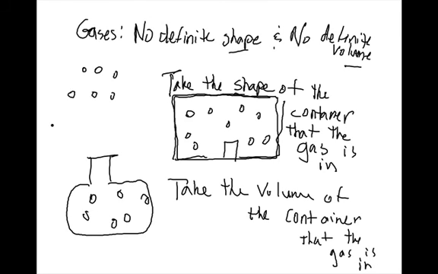So what we discover here is that the shape and the volume is equal to the container the gas is in. All right, so solids, liquids, gases, all states of matter that are very important.